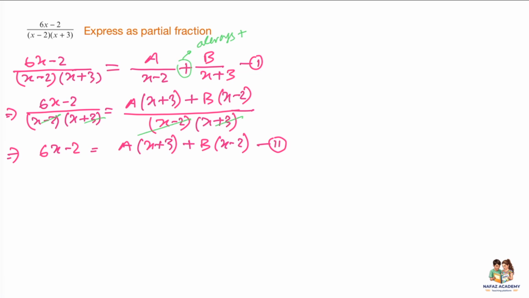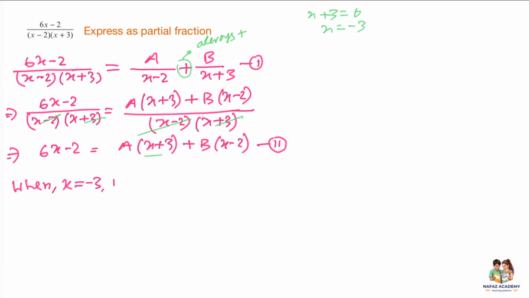Name it. Now look, the coefficient of A is x plus 3, right? So I set x plus 3 equals 0, so x equals minus 3.